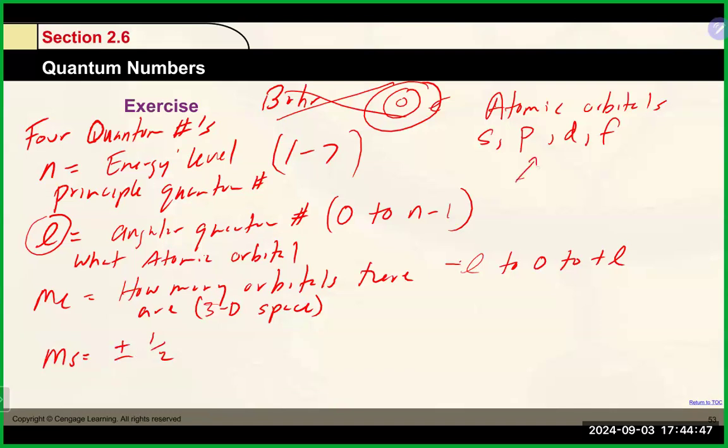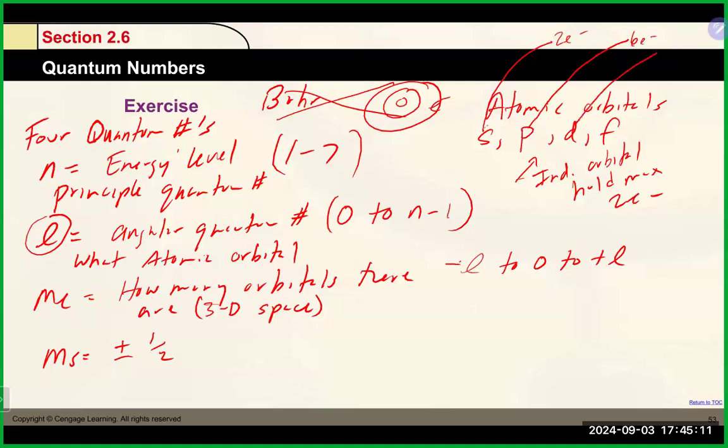Remember that any individual orbital could hold a maximum of 2 electrons. So if we were to fill up the s orbital on any level, that's a maximum of 2 electrons. If we were to fill up the p subshell, which comprises 3 individual p orbitals, that is 6 electrons.